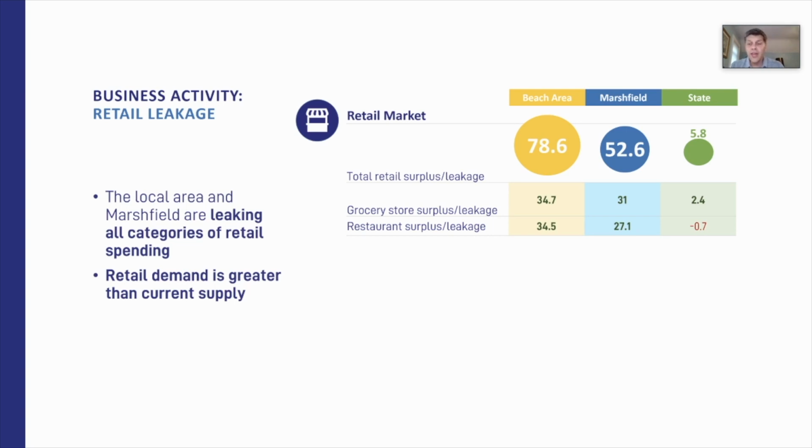And in Marshfield, that is true as well. What this basically says is that Marshfield, and in particular the beach areas, are more oriented towards residential activity, as we discussed earlier. And even that 1-to-4 ratio of jobs to residents might be increased significantly in order to take up this excess retail demand. It's something the businesses might be very interested in, at least taking up a portion of it to help resolve some of those potential vacancies.